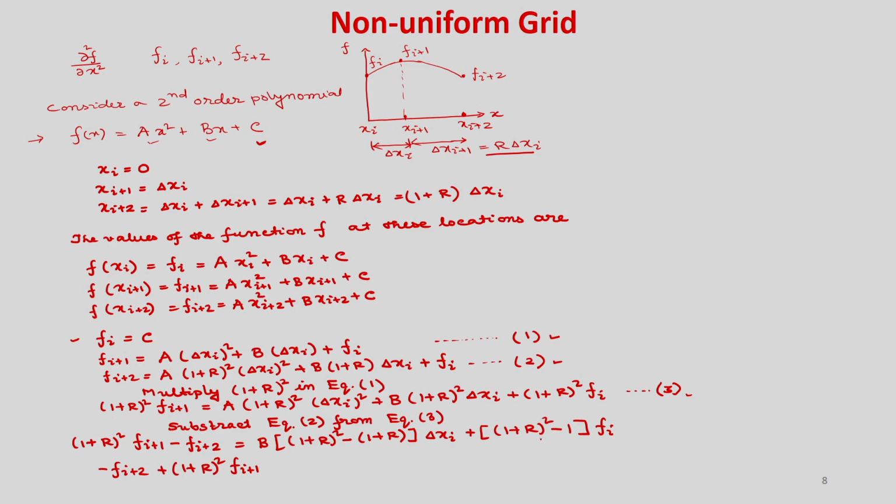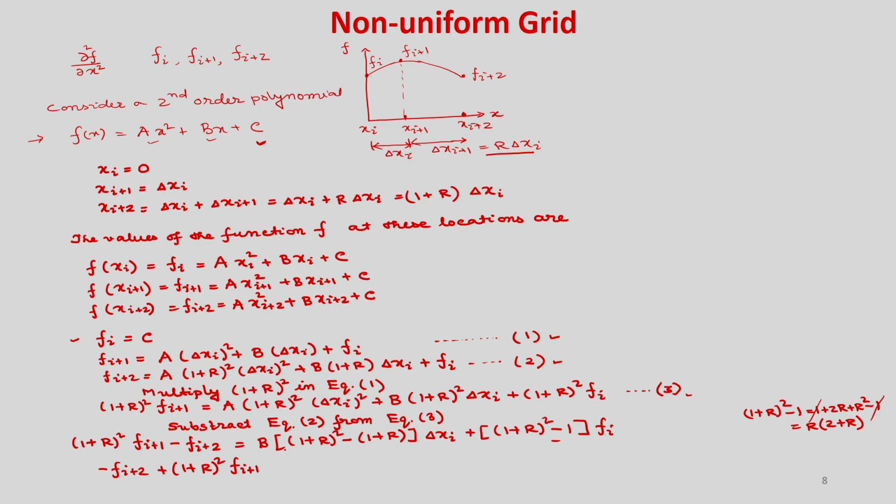And you take this term on the left hand side. So, (1 plus r) whole square minus 1, what will you get? It will be 1 plus 2r plus r square minus 1. So, this 1 will get cancelled. So, you will get r into (2 plus r). So, this we will write on the left hand side.